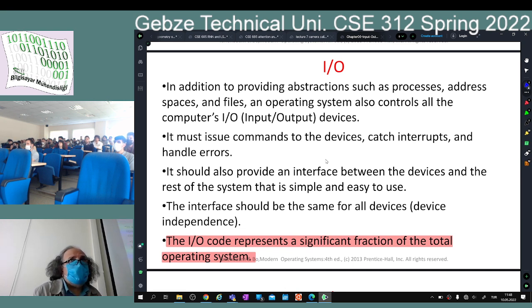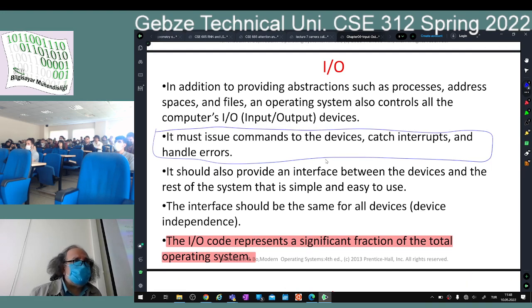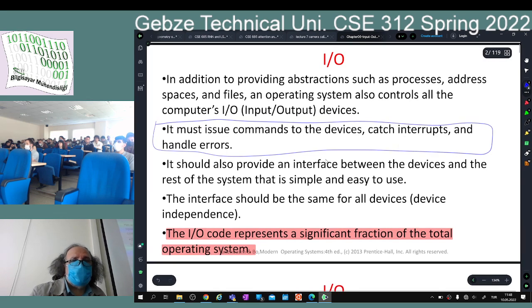Although the idea is simple, the whole thing is about this stuff. Okay, we issue commands to the devices. You remember what the devices are, right? And the devices, when they complete whatever they are issued, they produce interrupts. We catch the interrupts and we handle the interrupts, and if errors occur, we handle the errors.